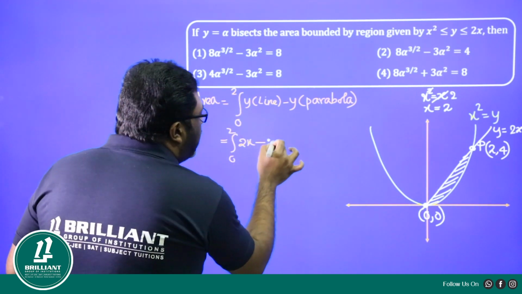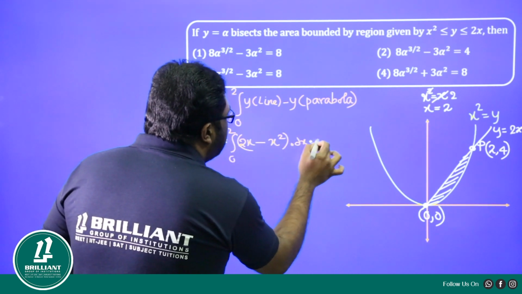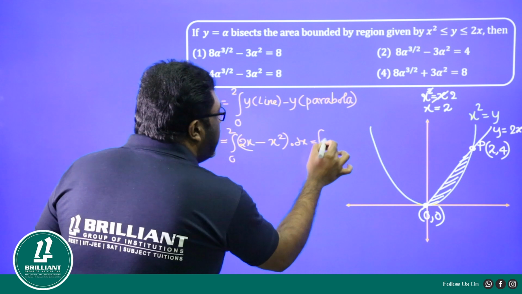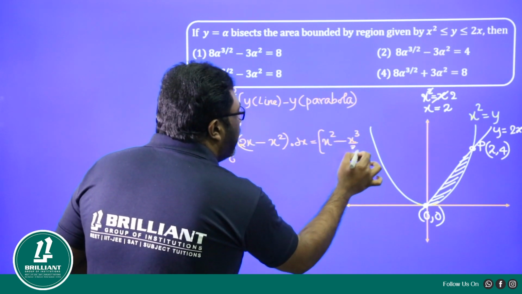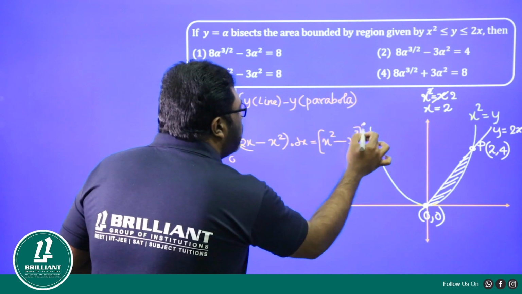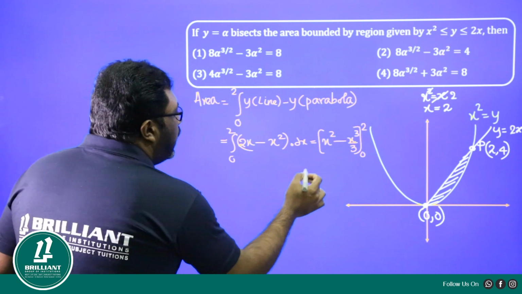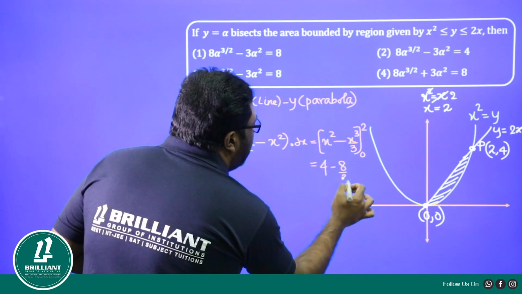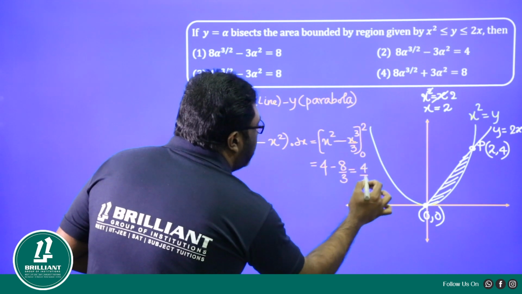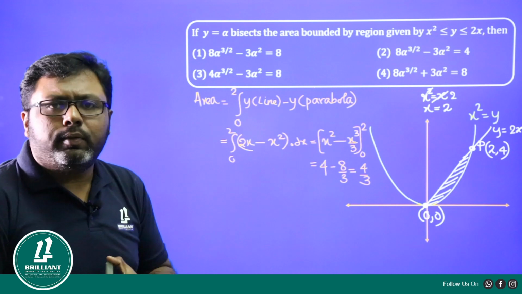Y of the parabola is x squared, dx. And if I integrate it, what do I get? I'll get x squared minus x cubed divided by 3 from 0 to 2. So what will I get? The area is equal to 4 minus 8 by 3, which is equal to 4 by 3. So that area is 4 by 3.